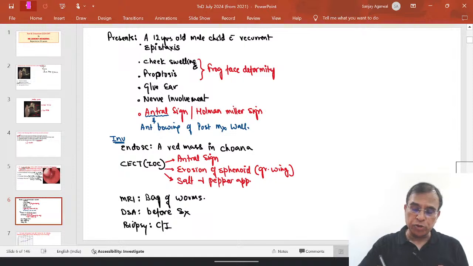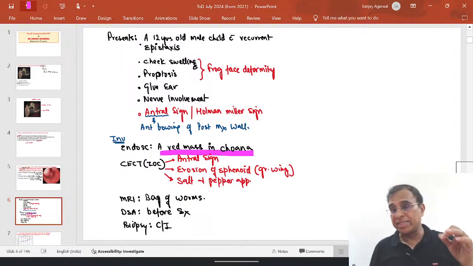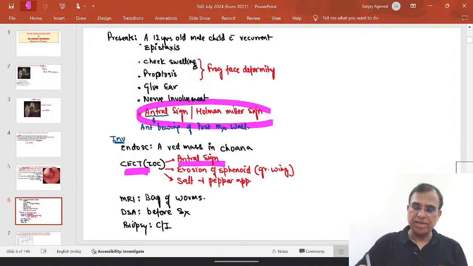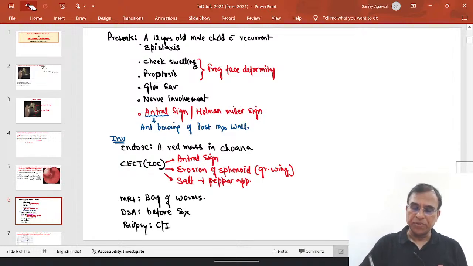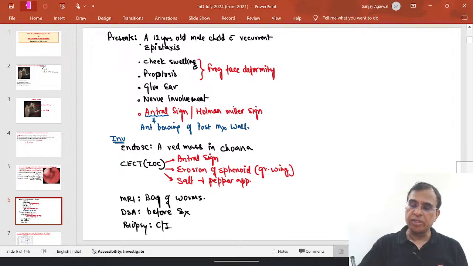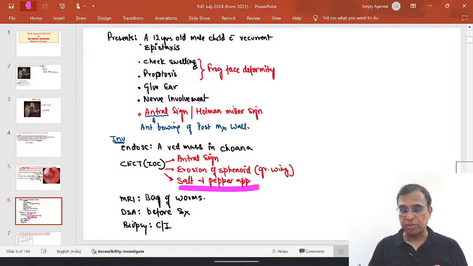And endoscopy will show a red mass in the choana, and this is exactly what that image showed. CT scan can show you three things. Antral sign, this one, which can be seen on CT scan. CT scan can show the erosion of the greater wing of the sphenoid, and it can also show you what is called salt and pepper appearance.